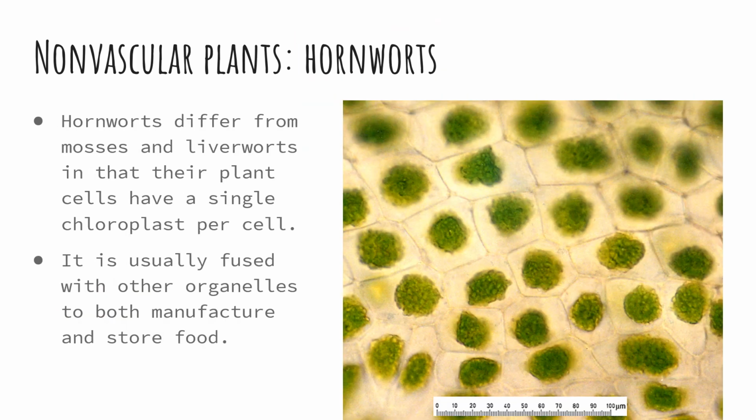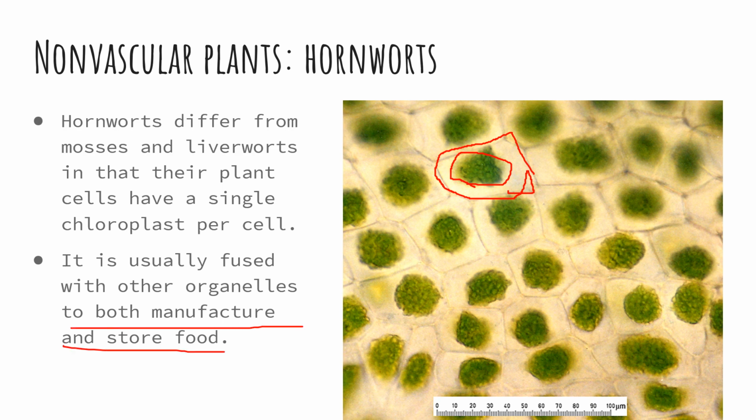Now, the interesting fact for hornworts, these are different from mosses and liverworts in that their plant cells have one single chloroplast per cell. I believe that's what you're seeing here. For example, this square boxy shape, I believe, is one of the plant cells, and I think this big guy right here is the chloroplast. Usually with hornworts, these chloroplasts are fused or melded together with other organelles to both manufacture and store food.